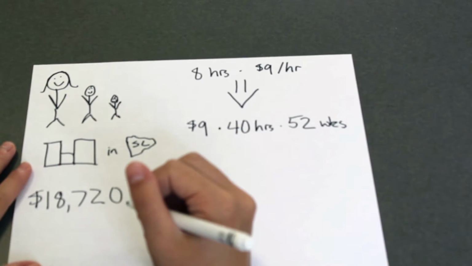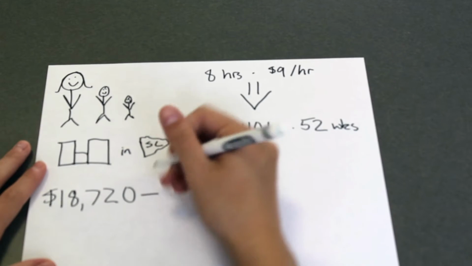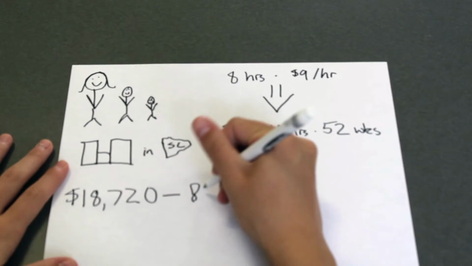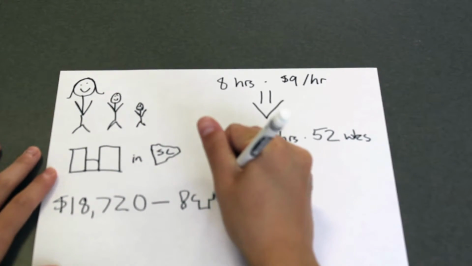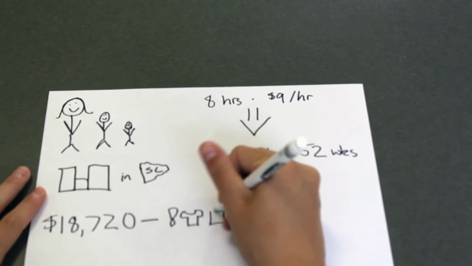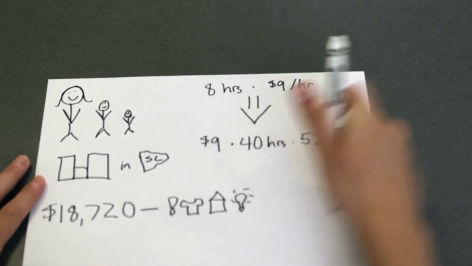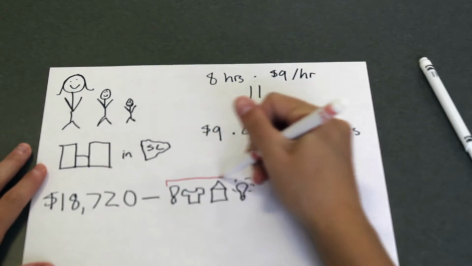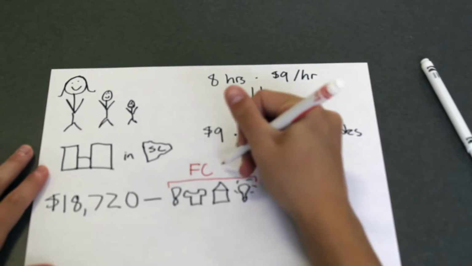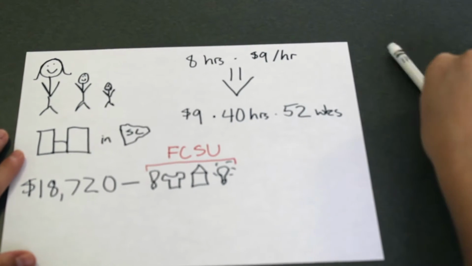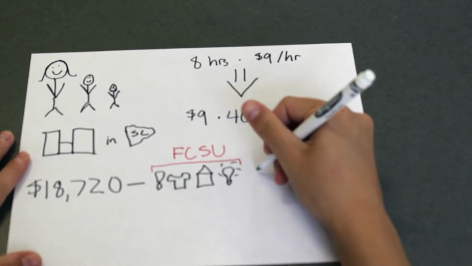However, her expenses include food, clothing, housing, and utilities, what we can refer to as FCSU for the whole family.